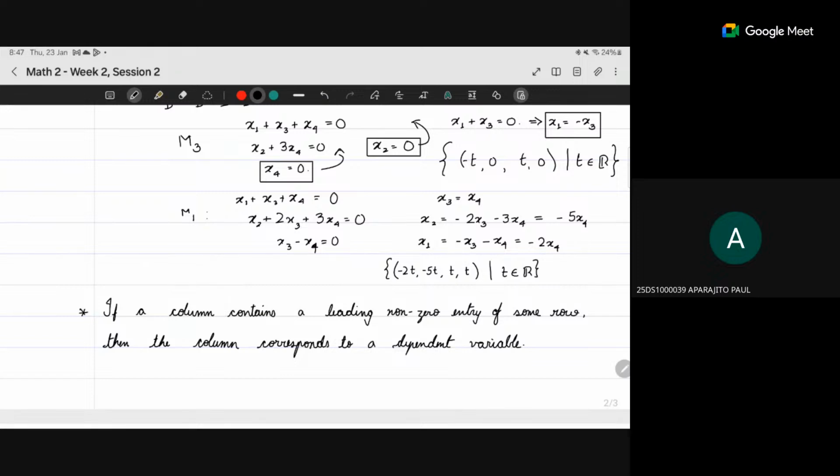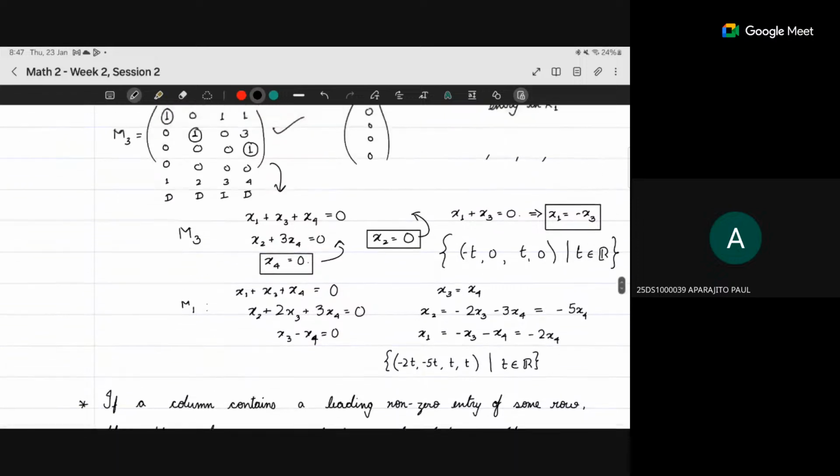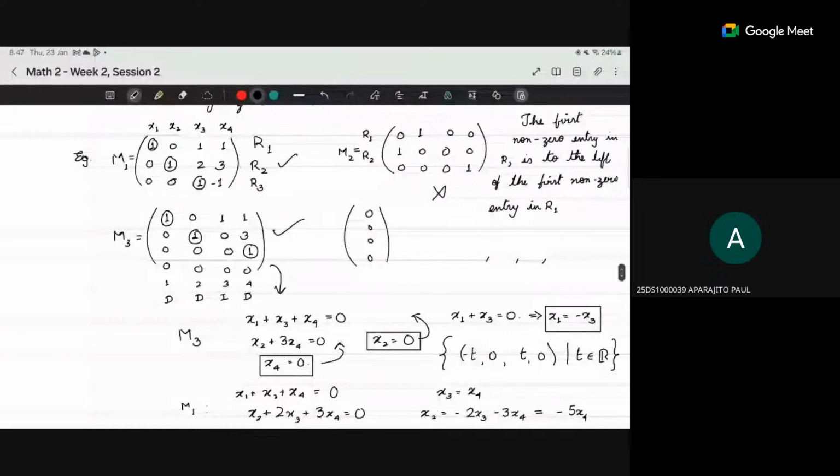But to understand why it happens in general, you'll need a little bit more theory, which will come in the next week or the week after. But for now, you just take this as a rule that columns containing leading non-zero entries of rows are dependent, and the others are independent. And the dependents can always be written in terms of the independent. You do see that the dependents have this 1 attached to them, right?